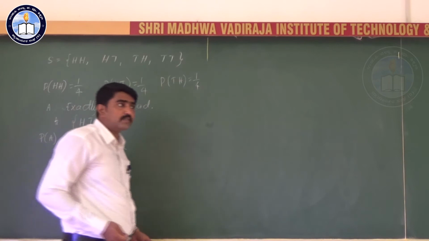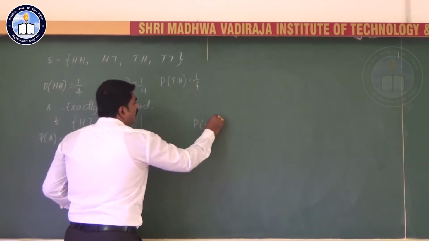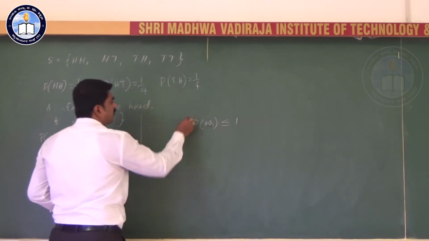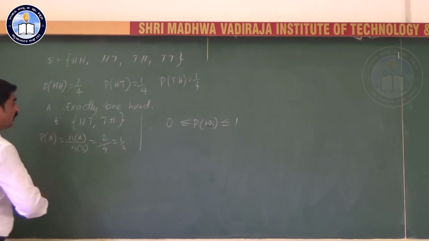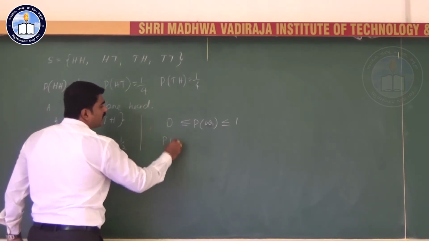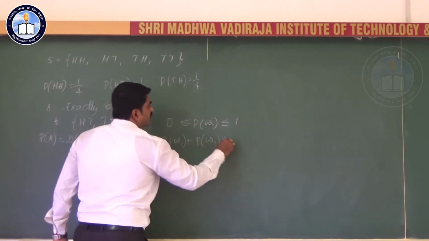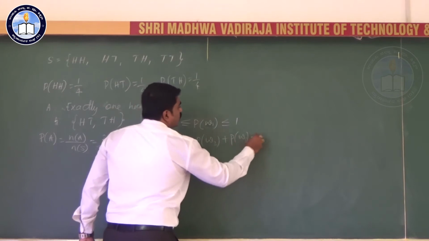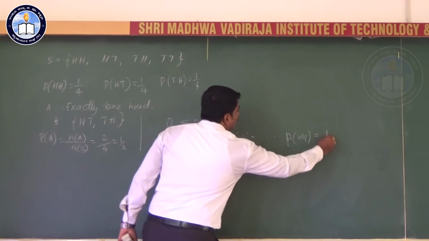But what the axiomatic approach of probability says is that the probability of any sample point is always less than or equal to 1 and greater than or equal to 0, and the sum of the probabilities, that is probability of omega 1 plus probability of omega 2 plus probability of omega 3, and so on up to probability of omega n, is always equal to 1.